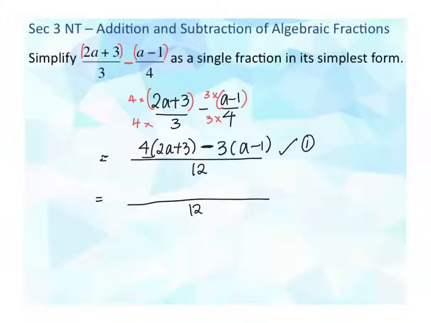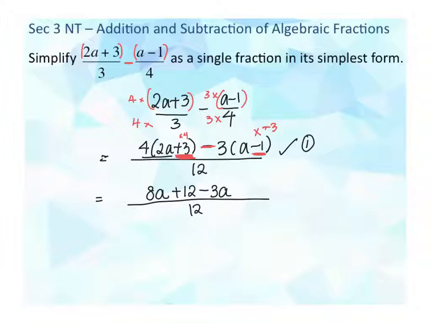Now this is 4 times 2a, that gives you 8a. Similarly, most of you might forget, so we must remember the term at the back also must be times 4. So this will be 4 times 3, 12. Now the next one, this is a negative 3 units. So it's negative 3 times a, negative 3a. But we must remember at the back here, negative 1, we also must multiply by negative 3.